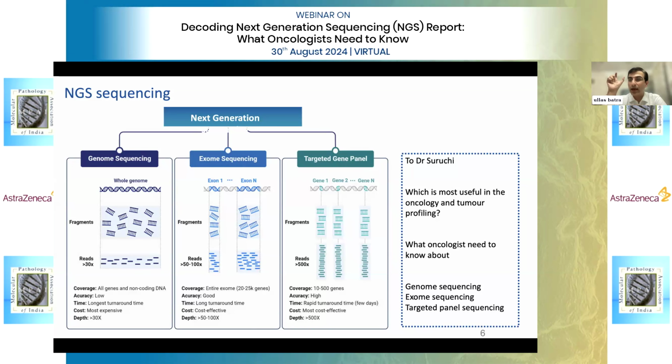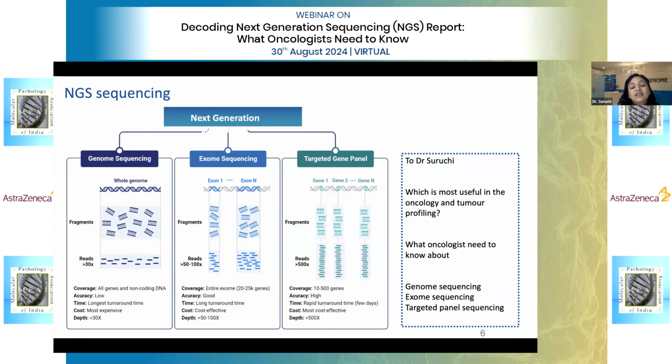What is exactly CGP, something very famously called CGP, whole genome, whole exome, targeted sequencing? Some people may say, I'll do this lung panel testing for 10,000 rupees. The same one somewhere else, he says, no, I will take 70,000, we'll have more genes. So for naive medical oncologists like us, please explain.